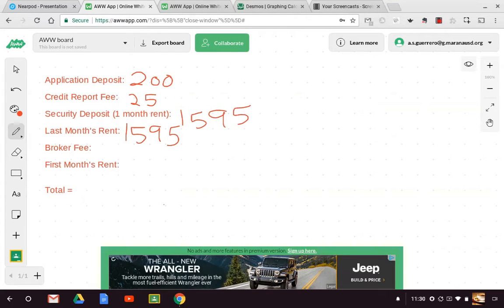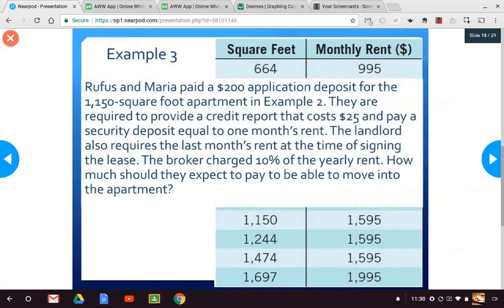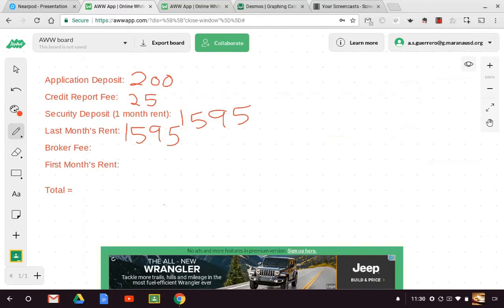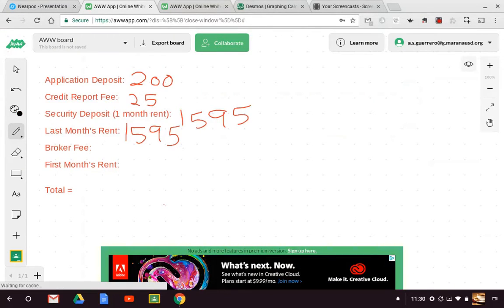And then their broker fee. Now their broker fee said that it was 10% of their yearly rent. So 10% of how much they're going to pay per year in rent. So the first thing we need to know is how much they're going to pay per year for their rent. So they're going to pay $1,595 per month, but there's 12 months in a year.